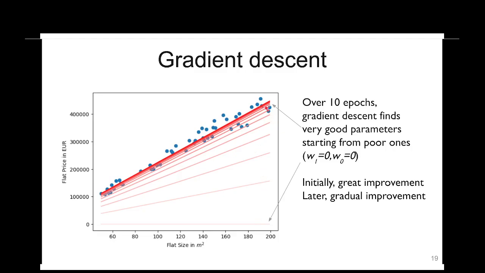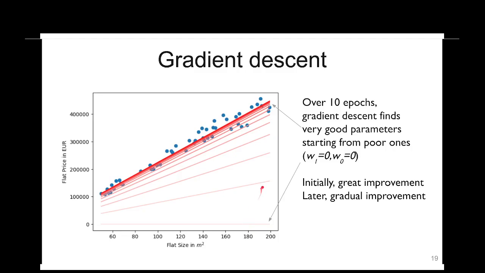And you see this is the progression from the bottom to the top. We're not starting with a random assignment of weights. We're starting with weights that are set to 0. So w1 and w0 are both set to 0. And as you can see, essentially we're predicting that any flat is up there for free, for €0. That is not a very good predictor. That is not very much like the reality.